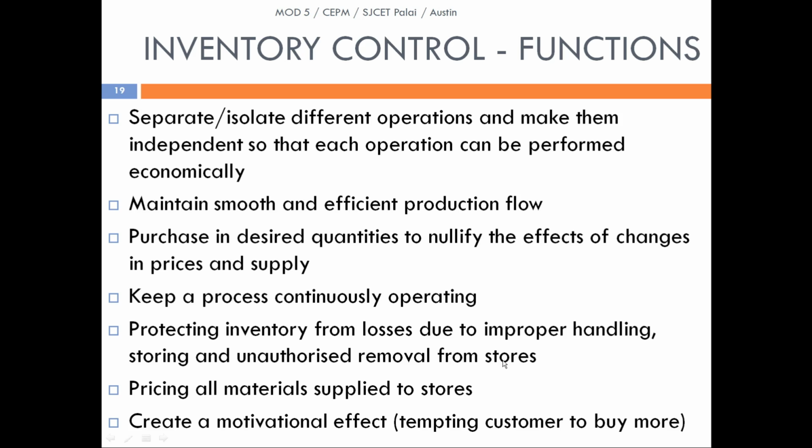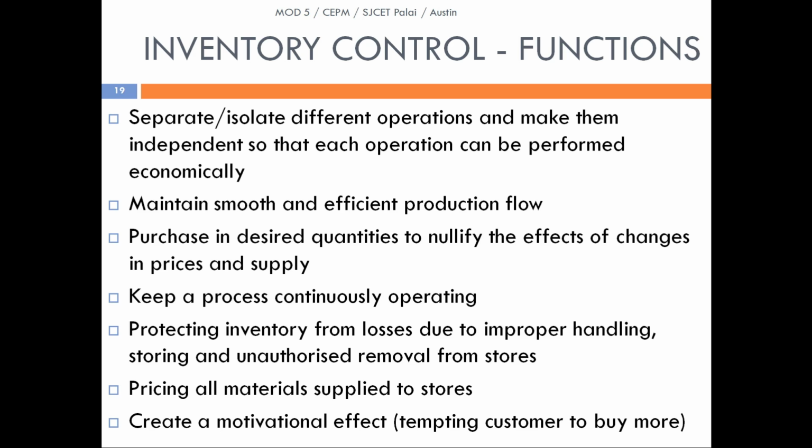Pricing all materials supplied to store. This point refers to all materials or all inventory in the company being properly accounted, so that the company manager or officials will have an idea about what inventory stock is available with them and whether there is any malpractice by the workers or other parts of the company.